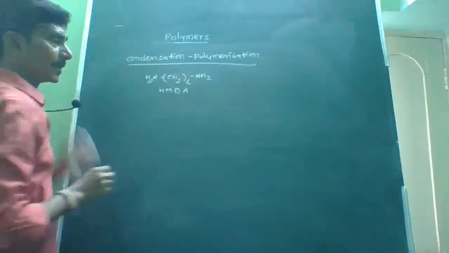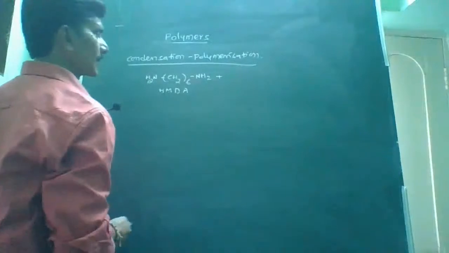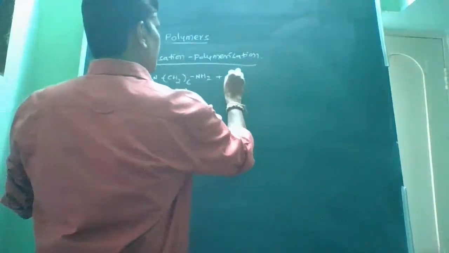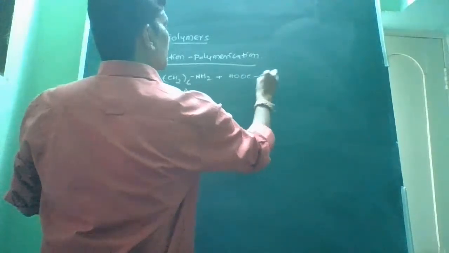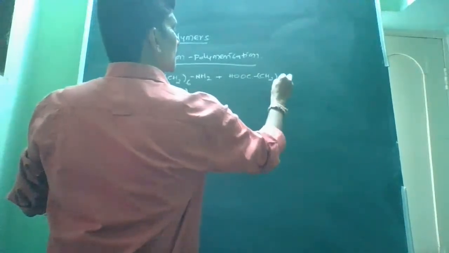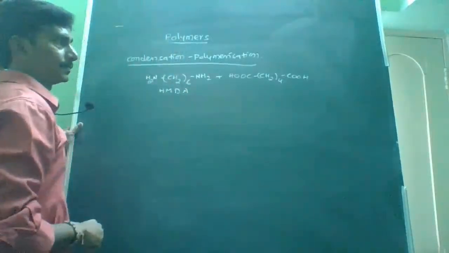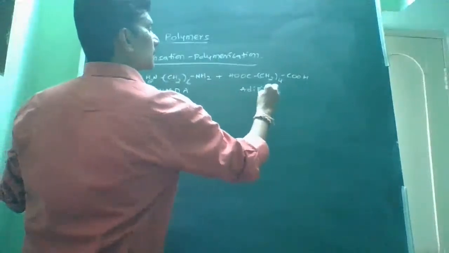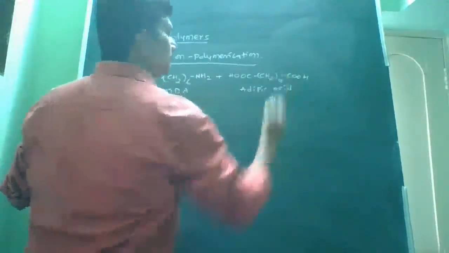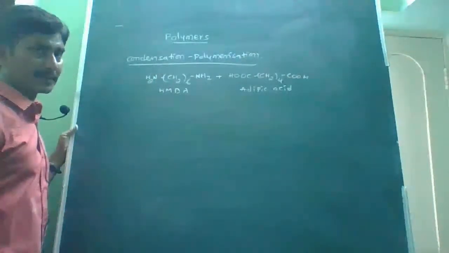Hexamethylene diamine, HMDA, plus the 6-carbon dicarboxylic acid, which is adipic acid.